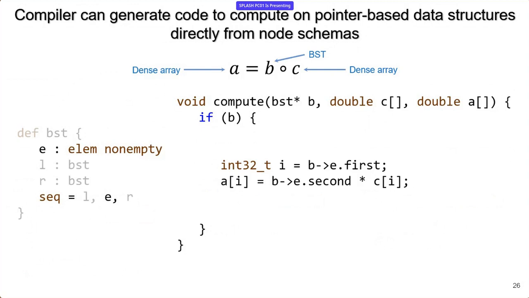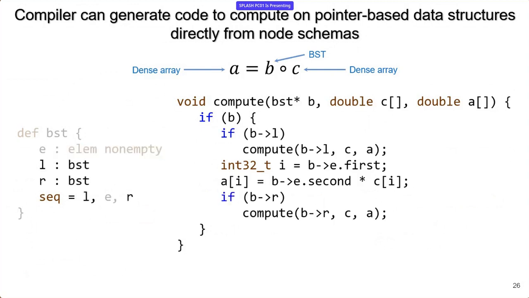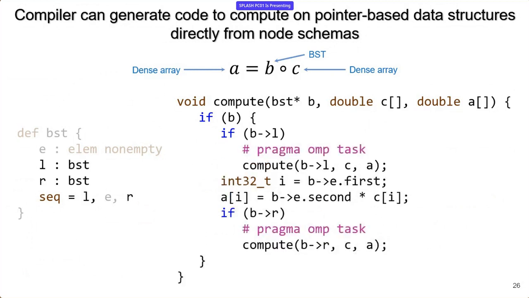I can do this by looking up the C value for the index I got for that element. Then if there's a left tree, I have to do it before because it has smaller values, and the right tree I have to do after because it has values afterward. I recursively compute that, so I get this value in here. That's great. And if I add some pragmas, I can even get this parallel. This is all very simple and mechanical to do, so the actual compiler can do this.